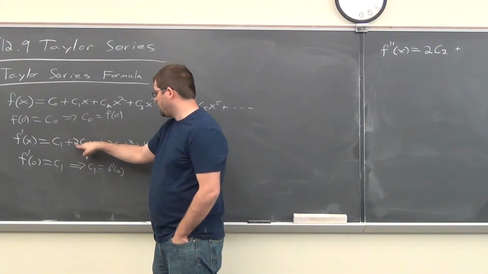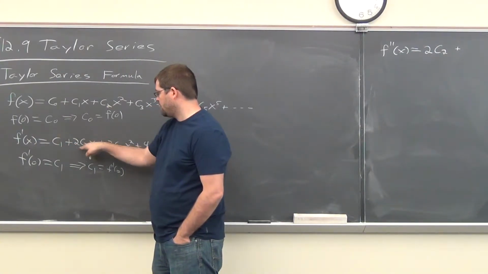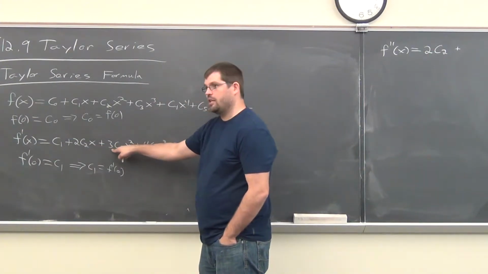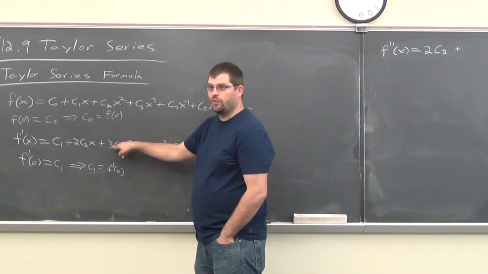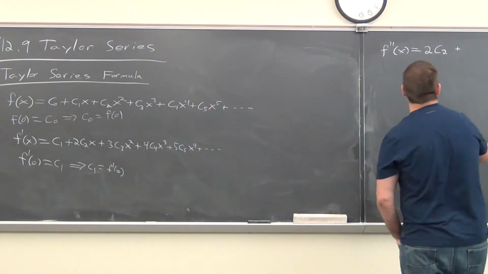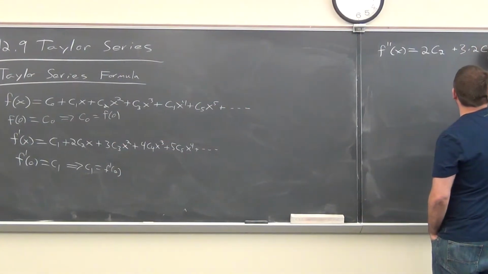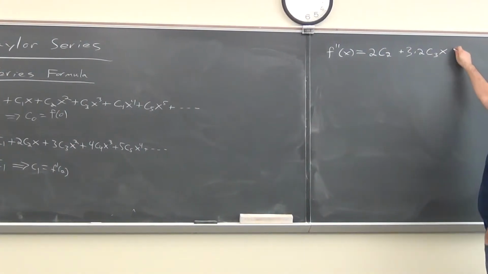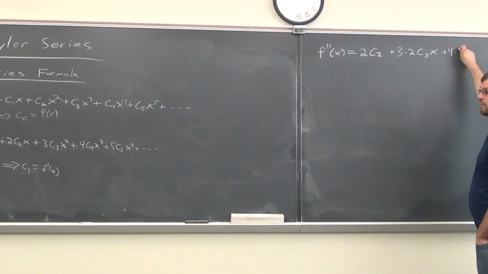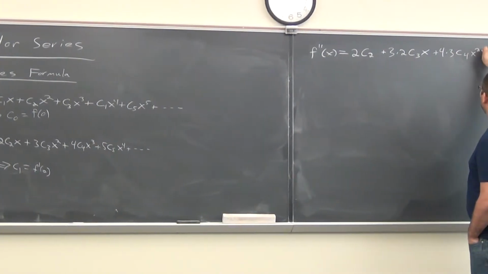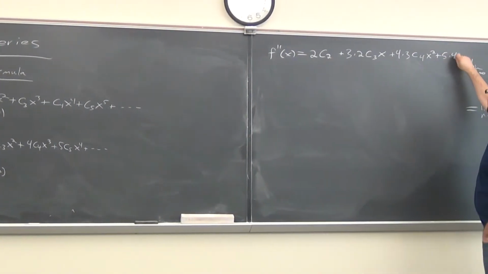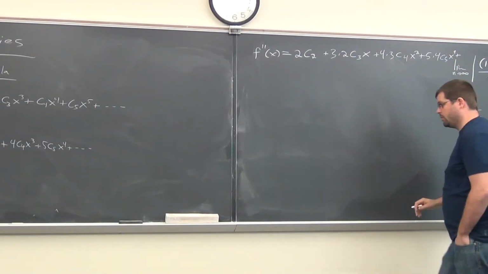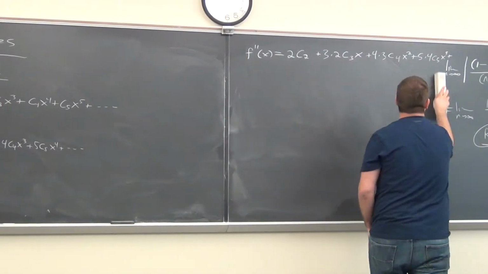Then it's 2 c2, and then the 3 stays there and the 2 falls down, so it's 6, but let's write it as 3 times 2, c3 x. Then 4 times 3, c4 x squared, 5 times 4, c5 x cubed.